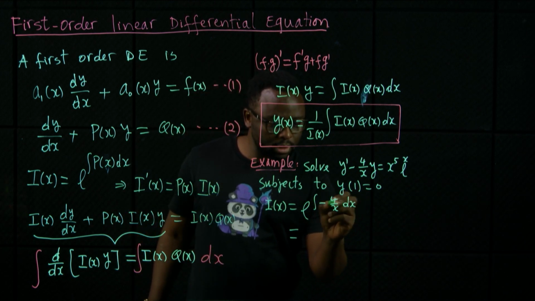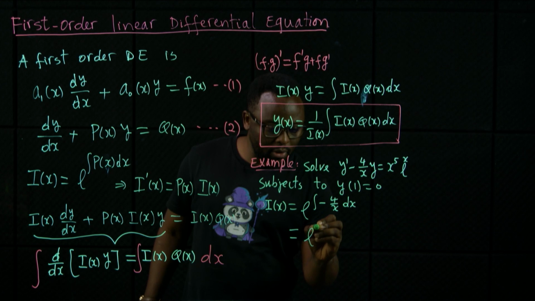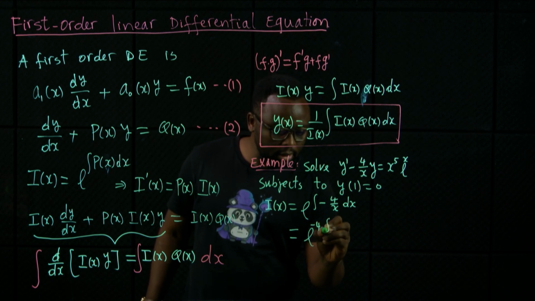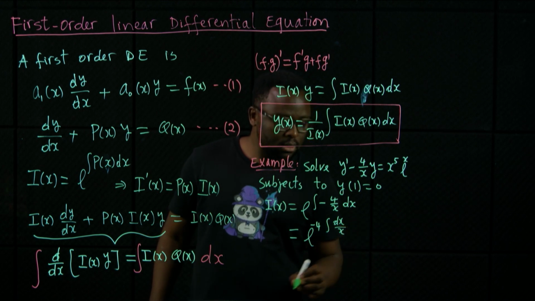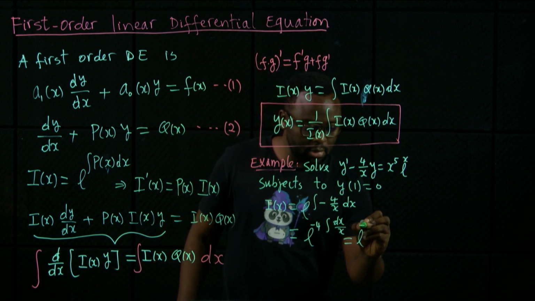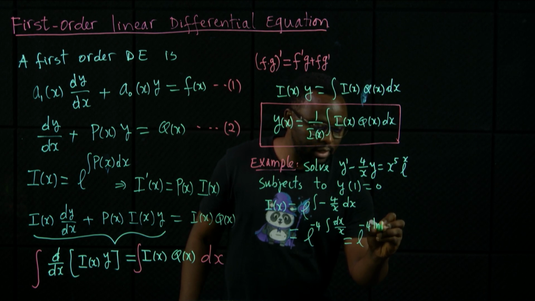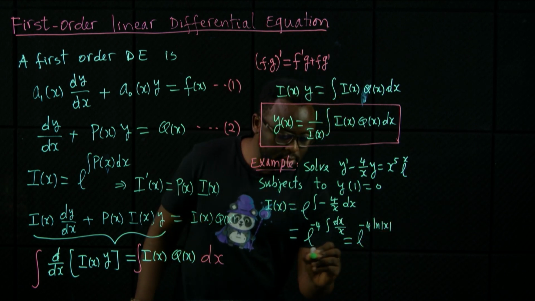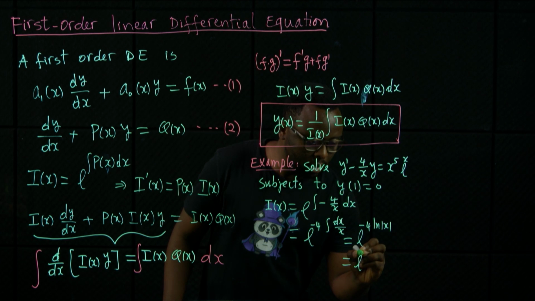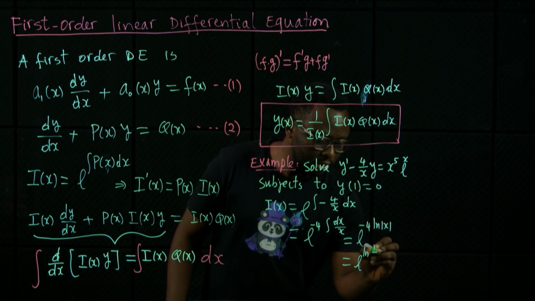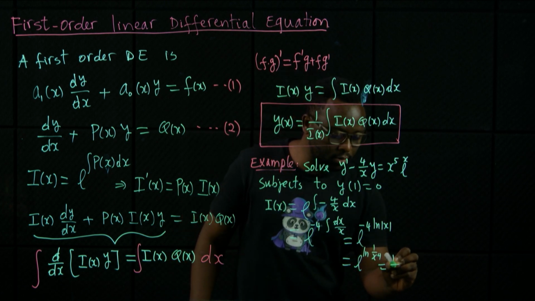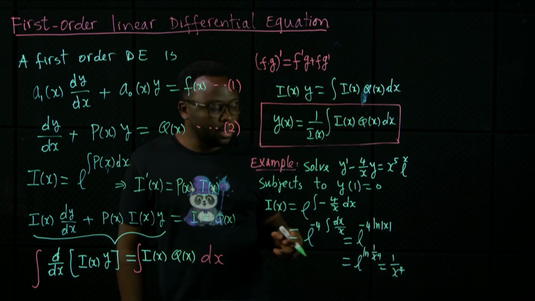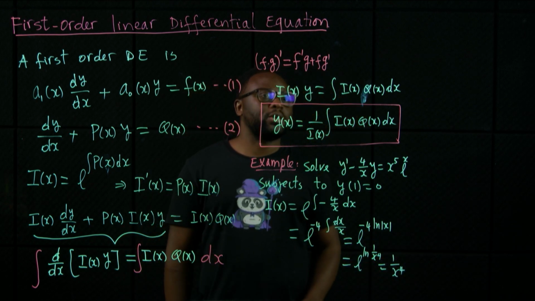This is e to the power minus 4 times the integral of dx over x, and this is minus 4 logarithm of x. So this is e to the power logarithm of 1 over x to the power 4, which is 1 over x to the power 4. This is the integrating factor we obtain.